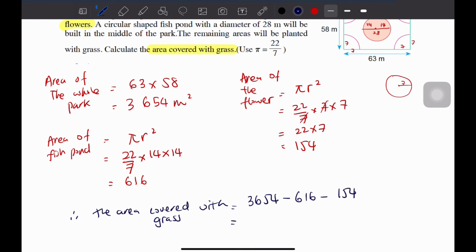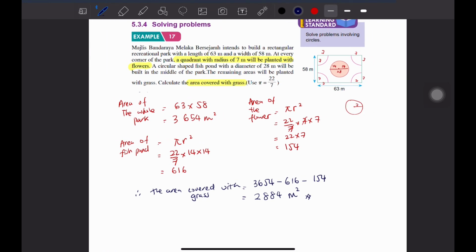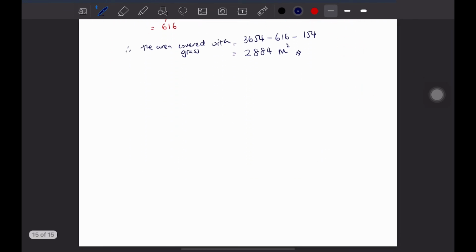So 3654 minus 616 minus 154. Your answer is 2884 meter square. That's it. Nampak macam susah, tapi sebenarnya senang sahaja.